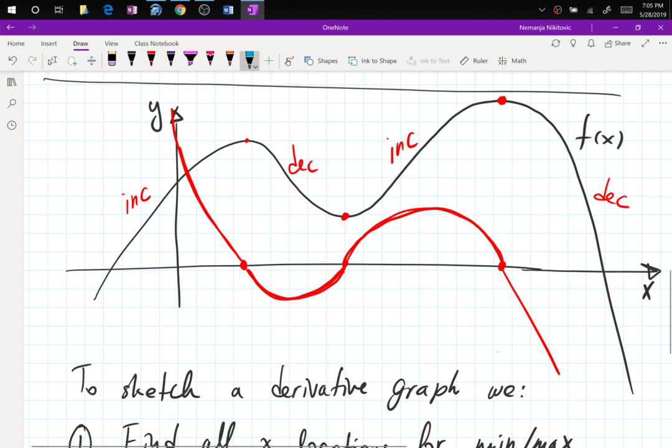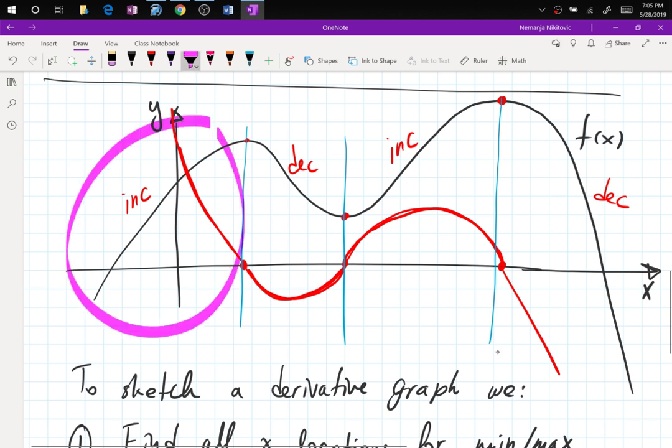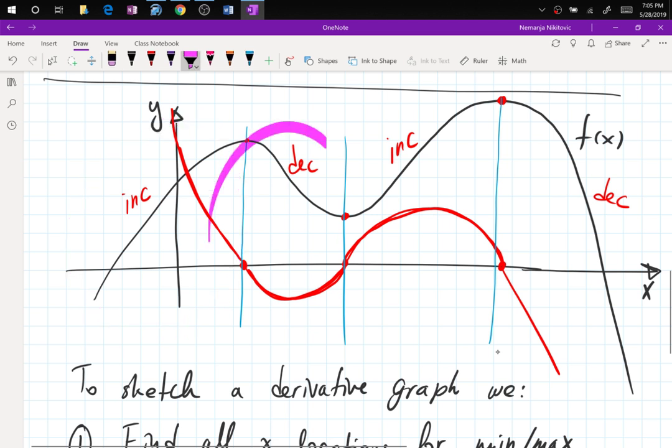So if I now partition this using this light blue line, in this area over here, we see that the function is increasing, the black one is increasing, and we see that the red line is above the x-axis. That's a requirement.